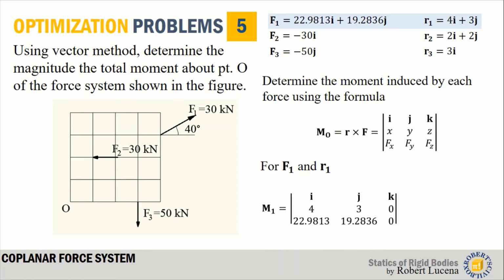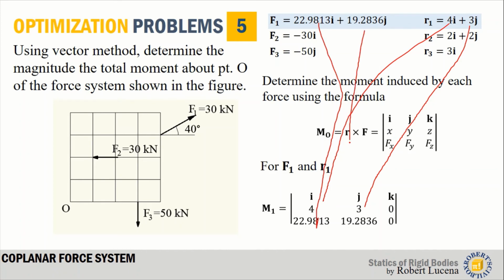By using this equation, substituting x, y, z of this R, which is 4, 3, and since this is planar, we do not have z component, and F, that is Fx and Fy.